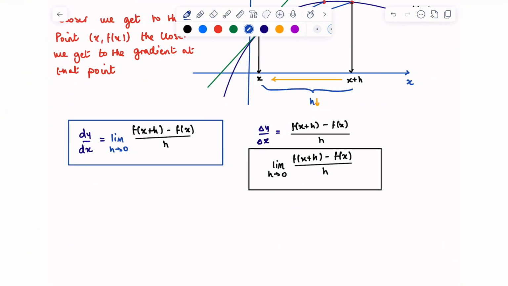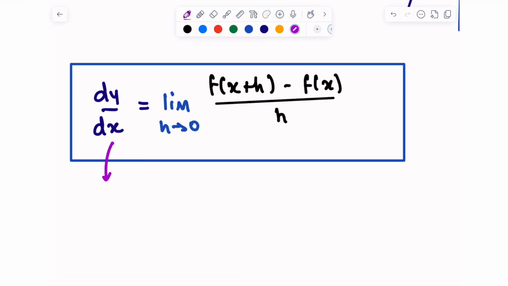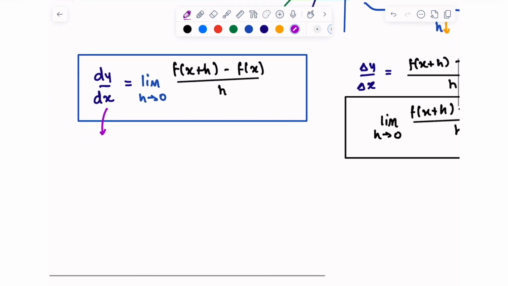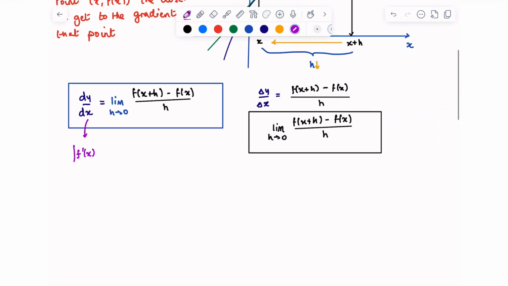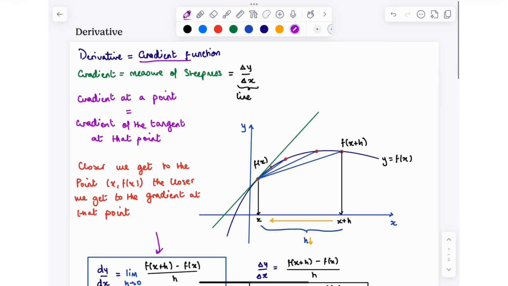The one last thing that I wanted to tell you guys is that there are many ways to write this derivative. You can write it as f dash of x. Obviously dy by dx itself is one way to write it, but it's commonly written as f dash of x. Because remember, at the end of the day, this here is a function in itself. It is the gradient function.